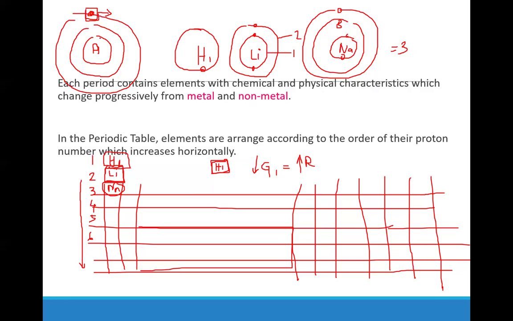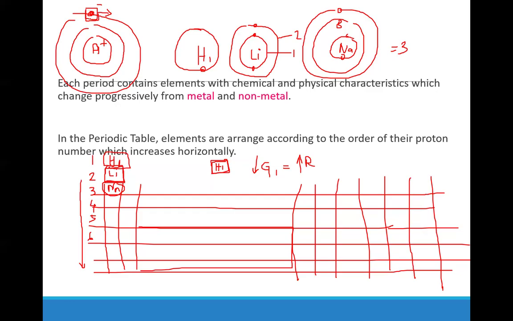So tell me, what is the charge on the nucleus? Positive. The nucleus always has a positive charge because it contains protons. And what is the charge on electrons? Negative, right?